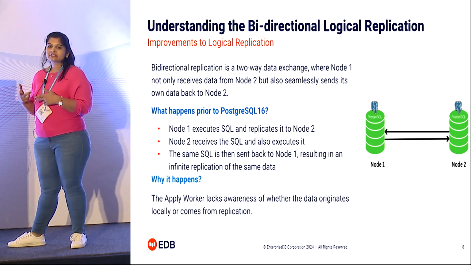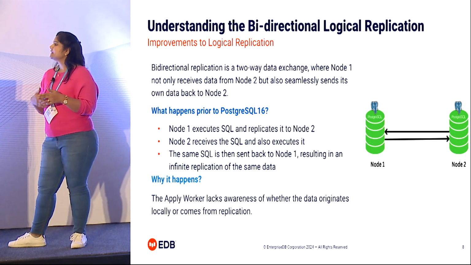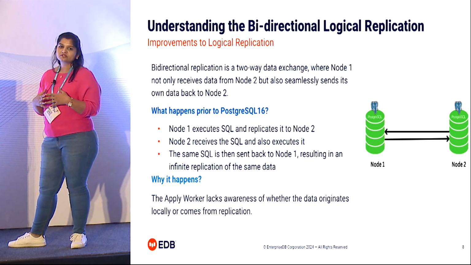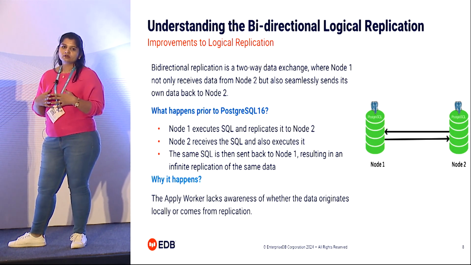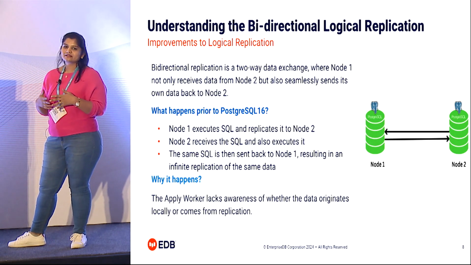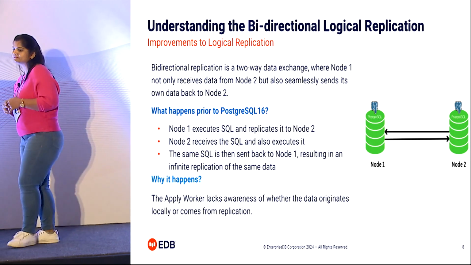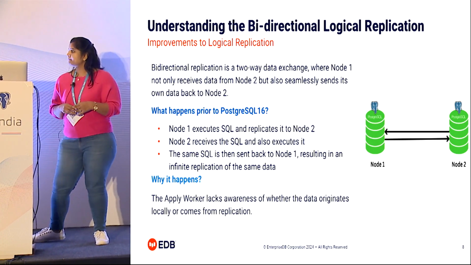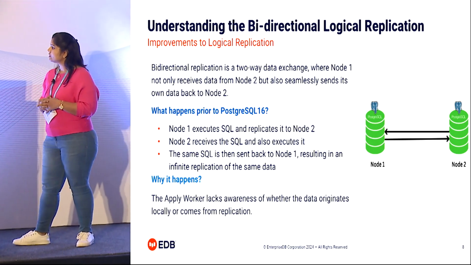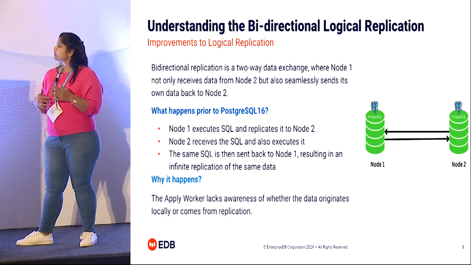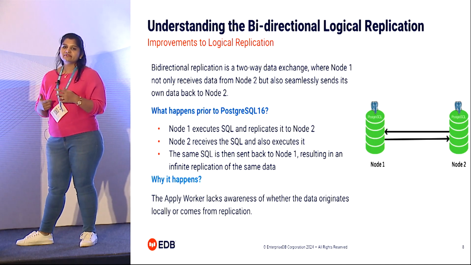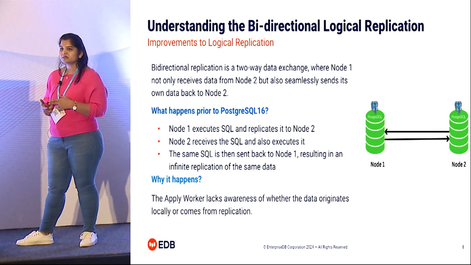And this happens if the table did not have a primary key. In case there was a key on the table, then the logical replication would fail with a primary key error. This would happen earlier because the apply worker could not distinguish whether data originated from the local node or was received from a replication process.